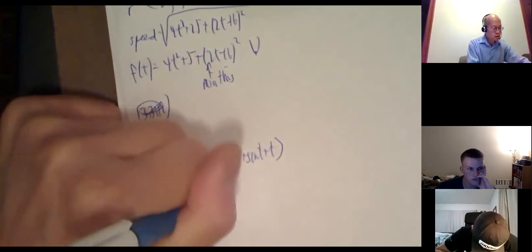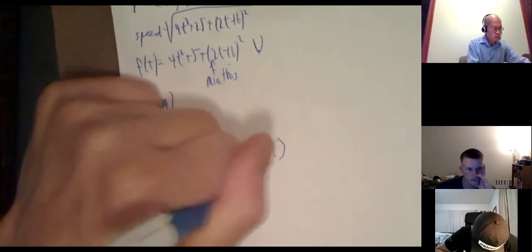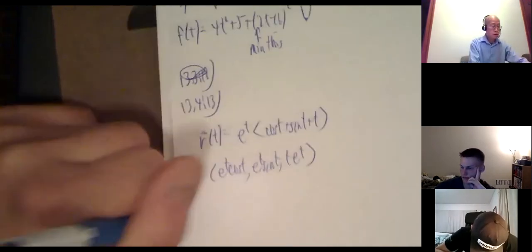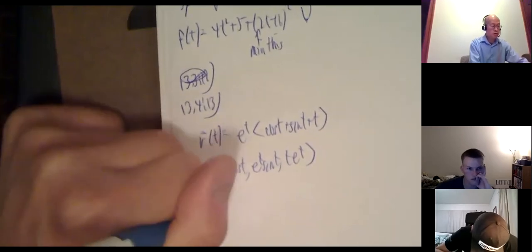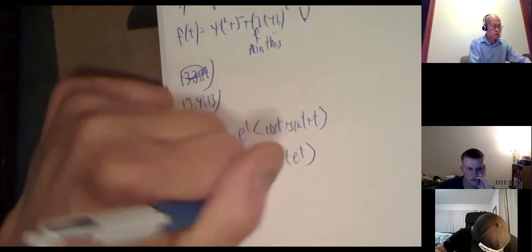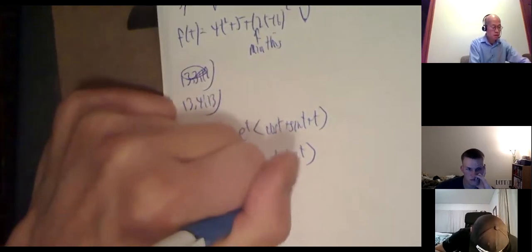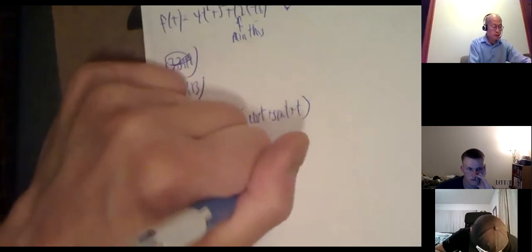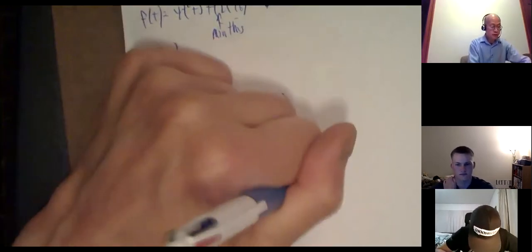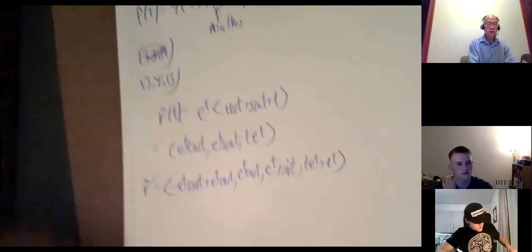Okay, which really means distribute it. This is actually a fair question. I may only want to do one. R prime, so product rule: first times derivative of the second plus second times derivative of the first. It would be the same thing. And same thing here, first times derivative of the second plus second times derivative of the first. Just review of the product rule.